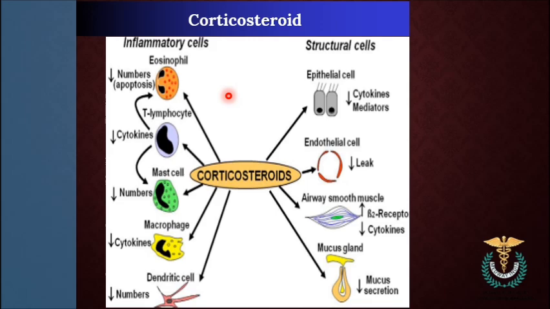So as far as the effects on inflammation are concerned, corticosteroids inhibit the production of pro-inflammatory cytokines such as TNF-alpha, IL-1 beta, and IL-6, and there is induction of anti-inflammatory cytokines.